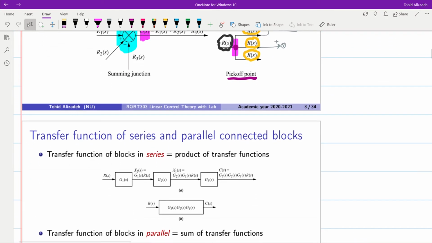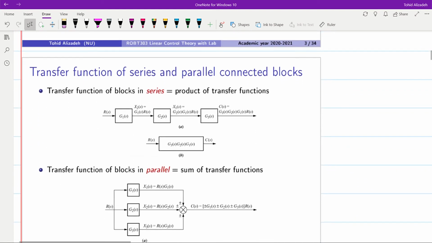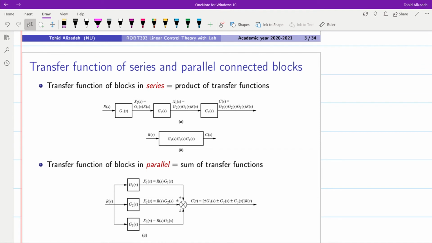Having said so, we can also combine the blocks which are connected to each other either in series or in parallel. When the blocks are connected in series with each other, the whole system could be replaced by a single block.